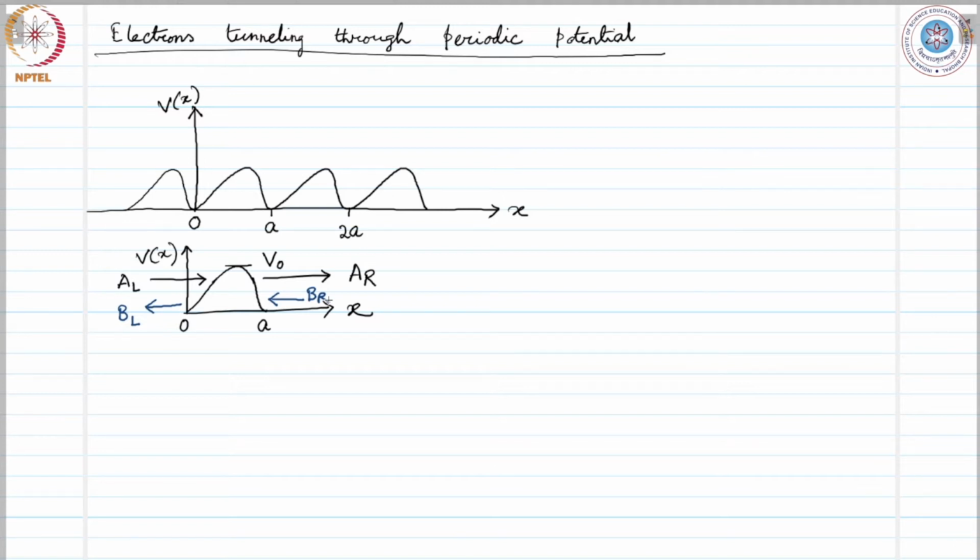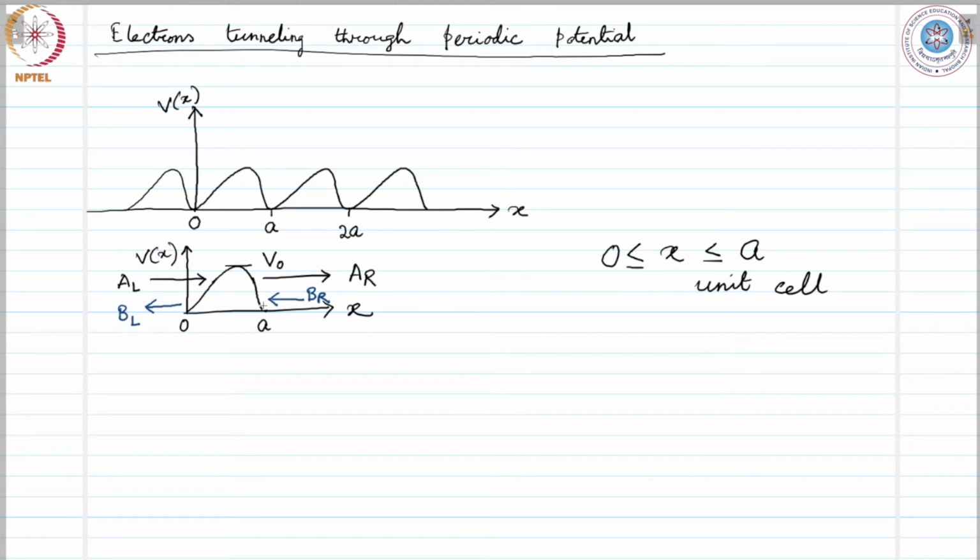So if we consider a one dimensional potential that is periodic in x, and V0 is the potential within a unit cell. If we consider a unit cell, the unit cell is given by 0 ≤ x ≤ a. This is the unit cell. Now, we can consider the electron tunneling through the potential that is drawn here.